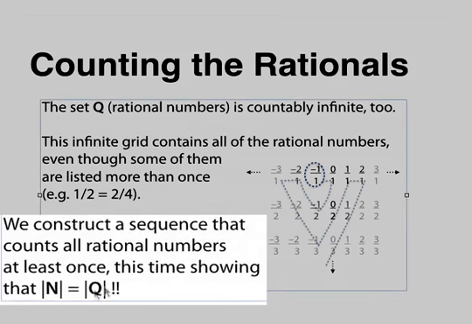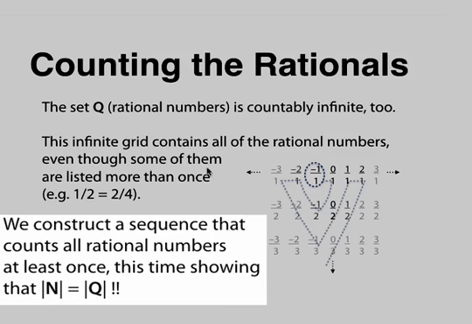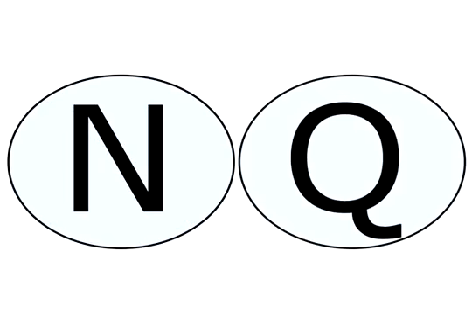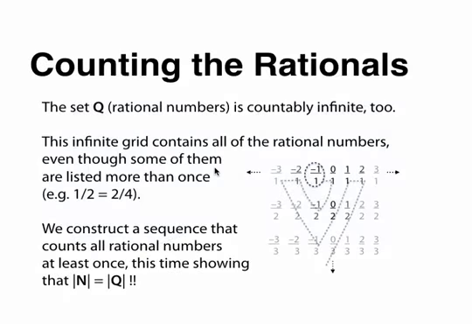So this time we show that the set of natural numbers is at least as big as Q, but since it's a subset, it's also at most as big as Q, and therefore the size of natural numbers is the size of the rational numbers. Wow. They have the same size. 1, 2, 3, 4, 5 has the same size as all fractions.